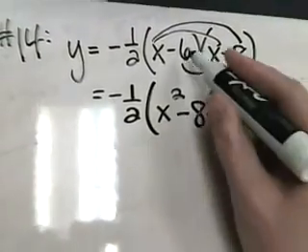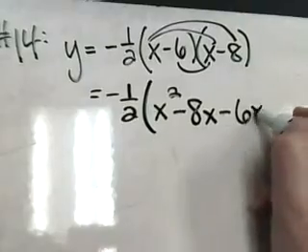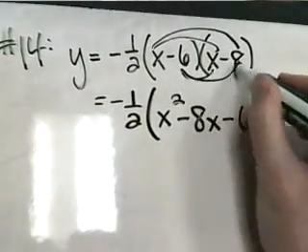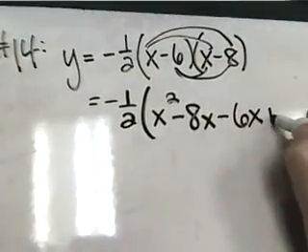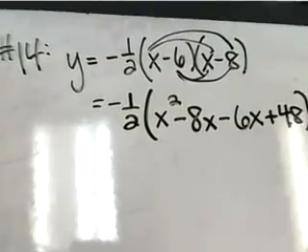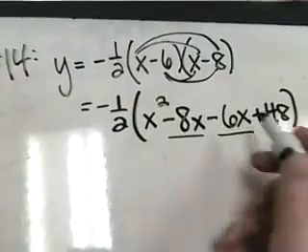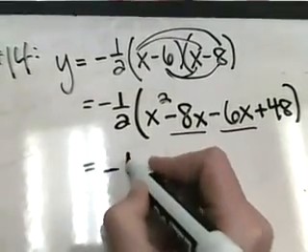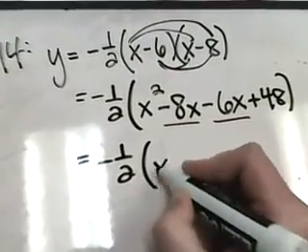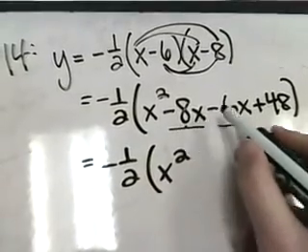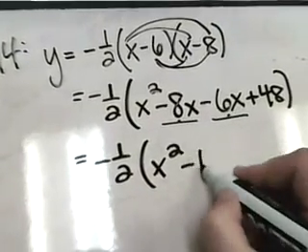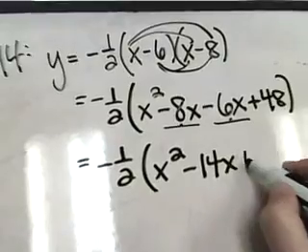Inside terms, negative 6 times x is negative 6x. And last terms, negative 6 times negative 8 is a positive 48. I can clean this up a little bit because I've got like terms there. So I've got negative 1/2 times x squared, negative 8x, and negative 6x would be negative 14x.